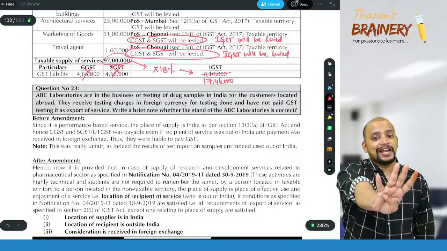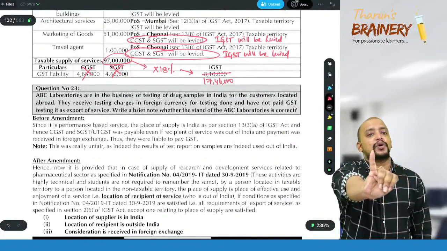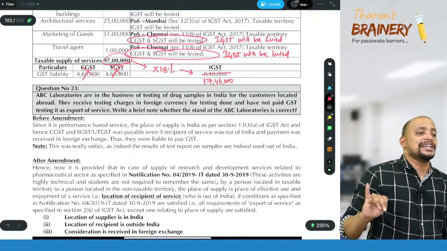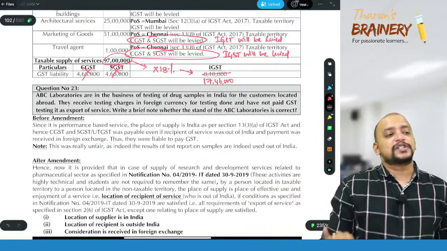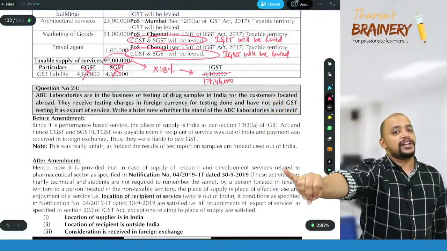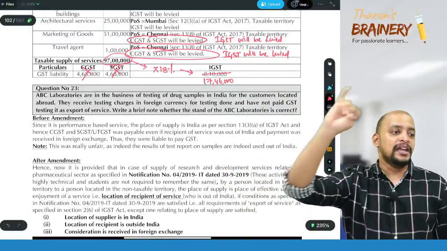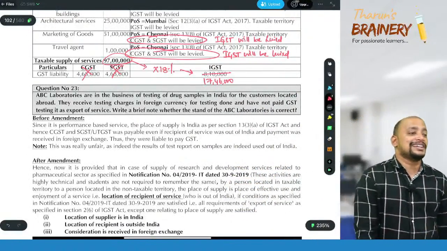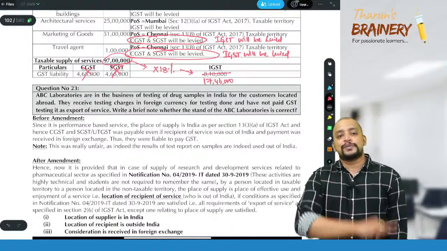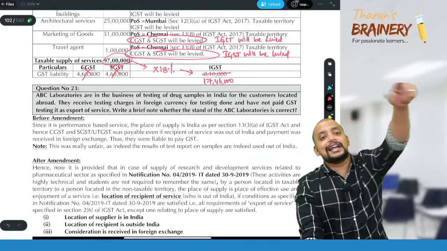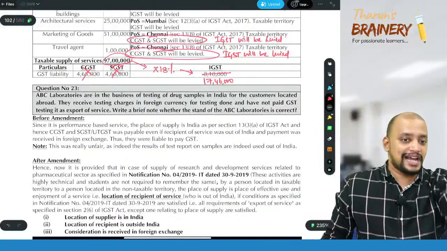Exception number 1: if goods are temporarily imported for carrying out any repairs or process and exported after repairs or process without being put to use, location of recipient is the place of supply. Number 2: in case of pharmaceutical industry carrying out testing on the drugs, it will also come under location of recipient as the place of supply, if the other conditions of export of services are satisfied.